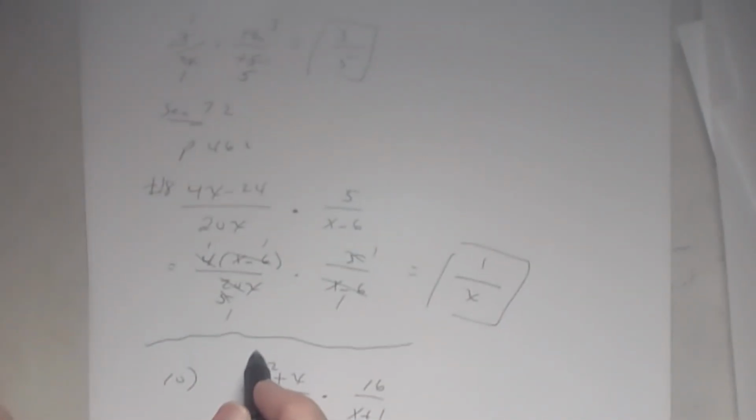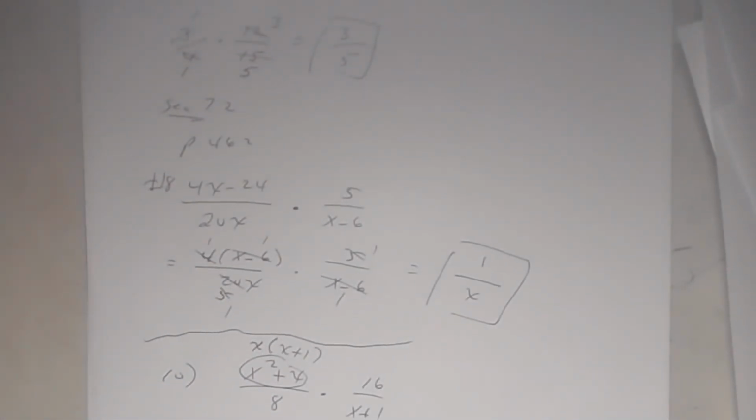So just go right above it and do the factoring. What's that going to be? x times what? x plus 1, right? So instead of rewriting the whole thing over, you can just do it like this.